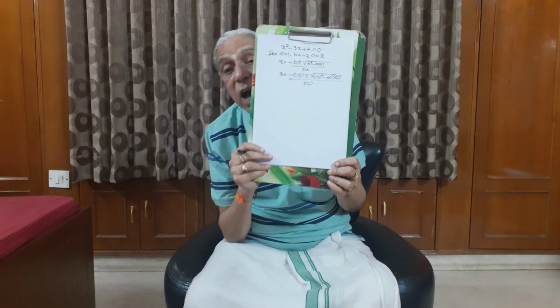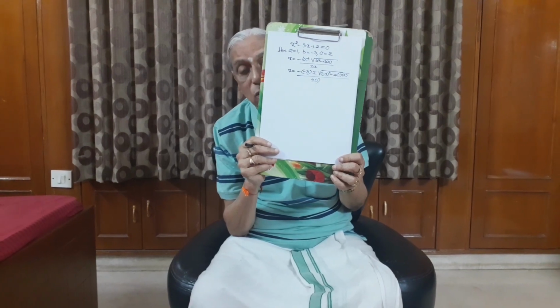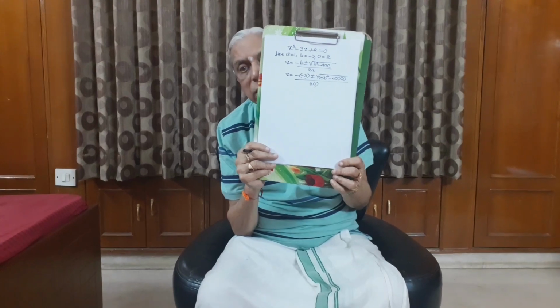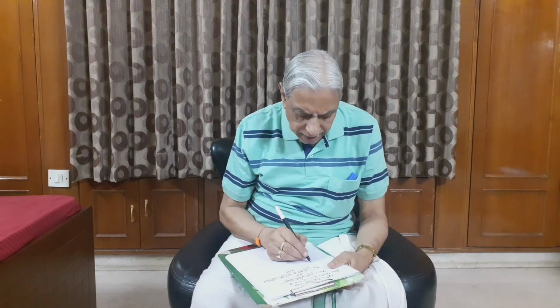You must put minus 3 for B. Minus 3 the whole square minus 4AC. 4 into what will A be? 1. What will C be? That is once again 2, divided by 2A means 2 into 1. Then you simplify it further. X is equal to, what is minus of minus 3?